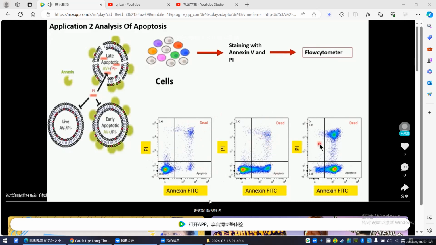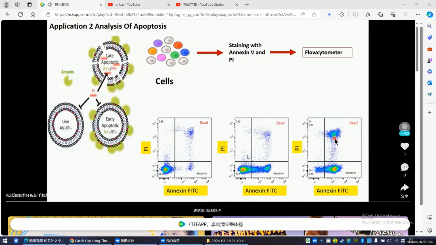When you increase the concentration more, you get a very high number of apoptotic cells as well as dead cells. This kind of analysis of apoptosis by flow cytometry can be used for anti-cancer drugs or cytotoxic drugs, and it is a very important application in pharmaceutical research.